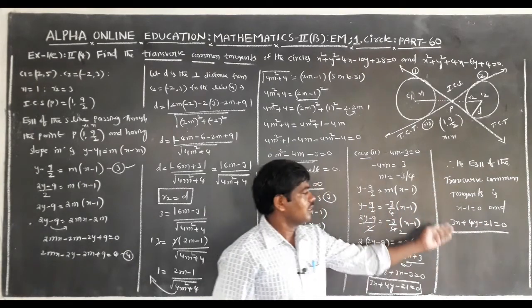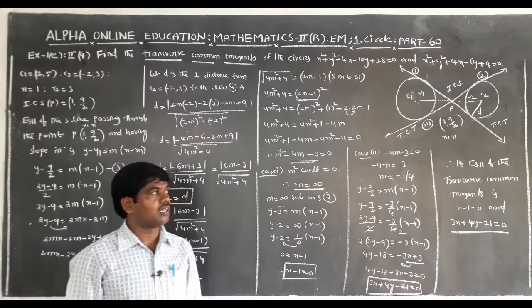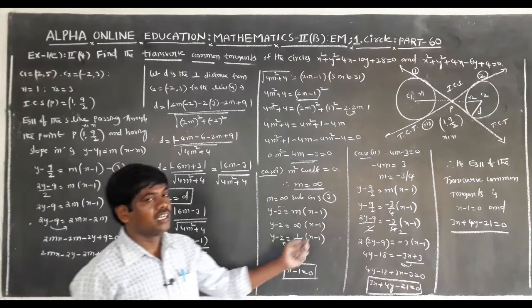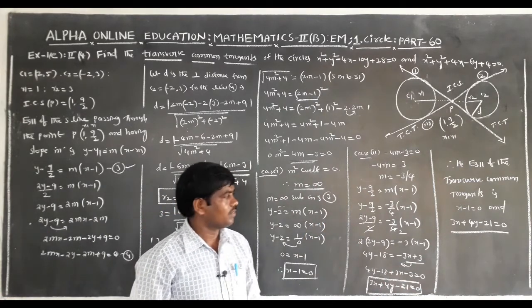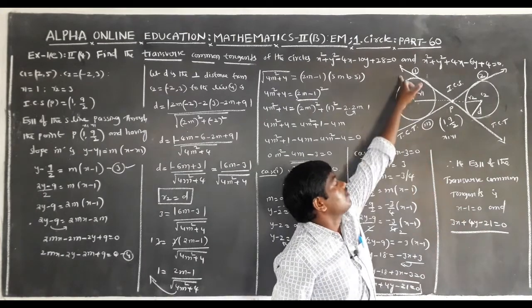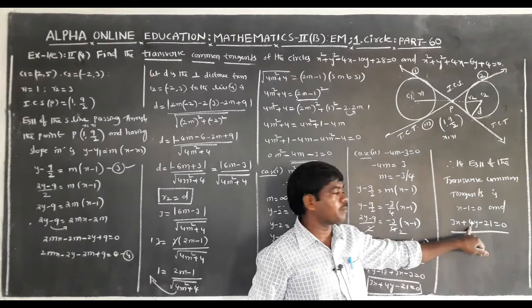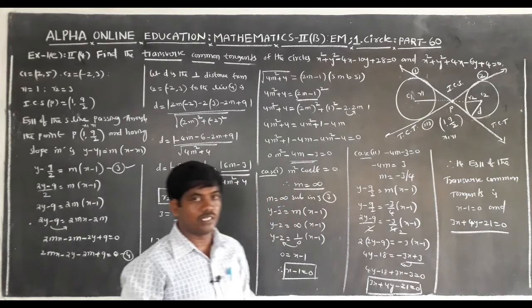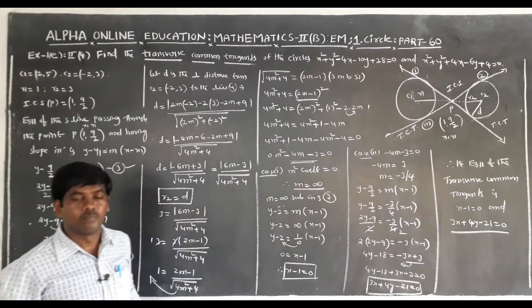This is the equation of the transverse common tangents of the circles. First one is x minus 1 is equal to 0 and second one is 3x plus 4y minus 21 is equal to 0. This is the process.